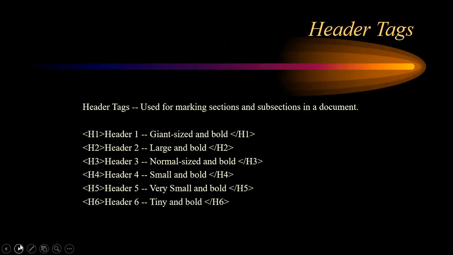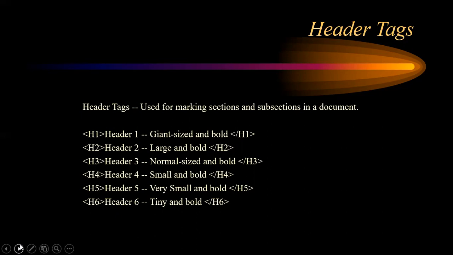Then here come the header tags. For which purpose are these header tags used? As we give the main sections and subsections headings in our document, we also give these headings in our web page.